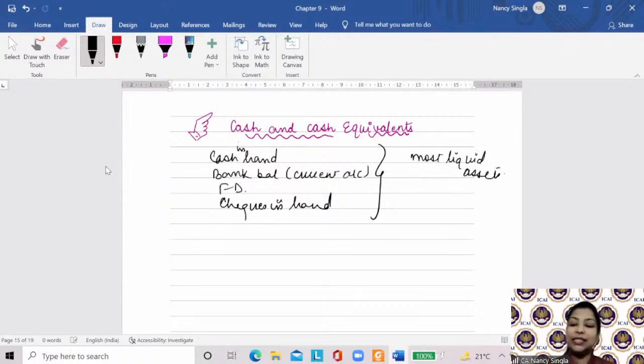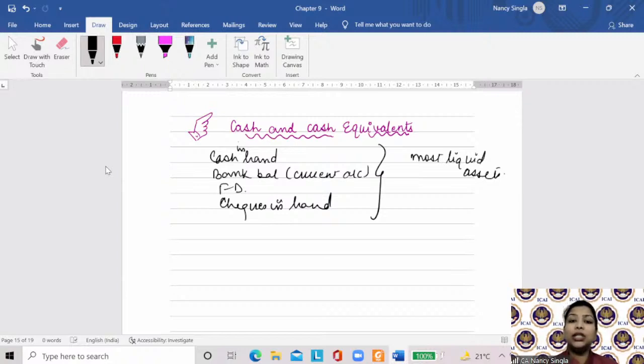And students, these can readily be convertible to cash with, let's say, insignificant value risk. But along with this, these are very much prone to misappropriation. It can always happen that the cashier uses the cash for his personal purpose and then puts it back.